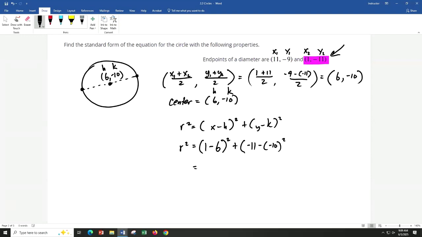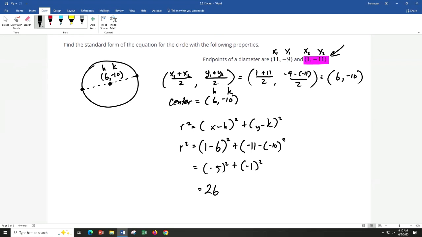Do the math here, you're going to keep going. You're going to end up getting -5 squared plus -1 squared. Okay, it's all said and done, you end up getting 26. So now we have a radius, right? Now hear me out. You could go ahead and take the square root of that if you want to.